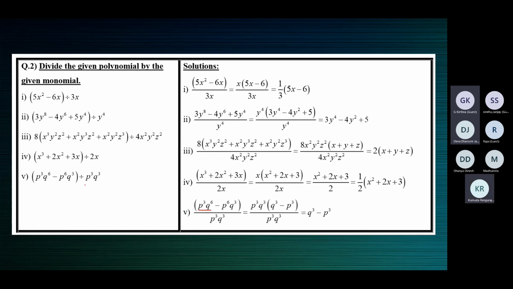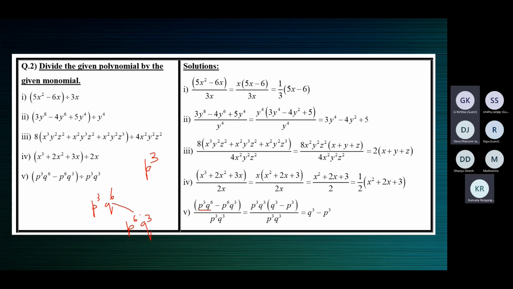What is the HCF of these two terms, p cubed q to the power 6 and p to the power 6 q cubed? Between p cubed and p to the power 6, p cubed is common, the least power.